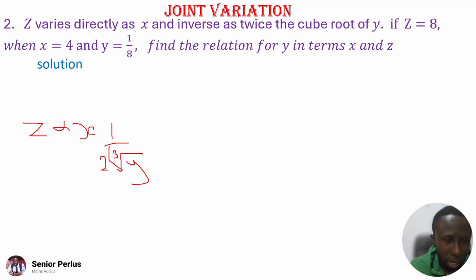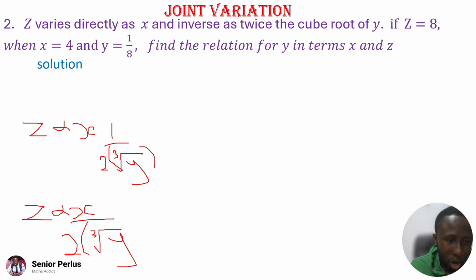So let me do bracket here, okay. And this can be written as Z varies directly as s times 1 is still s. So this can be written as twice the cube root of y. And cube root, do you know that you have done indices?